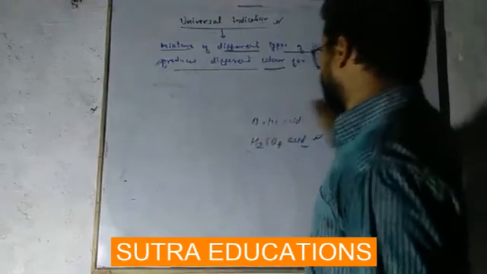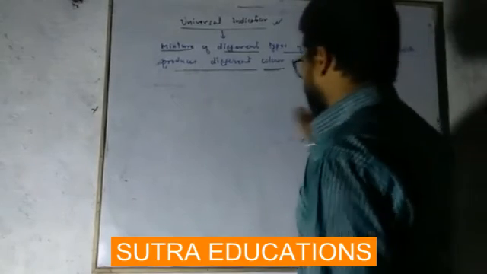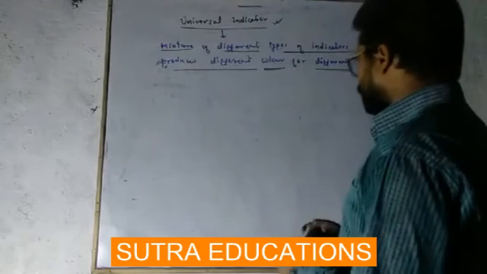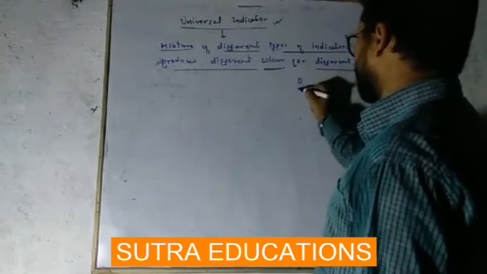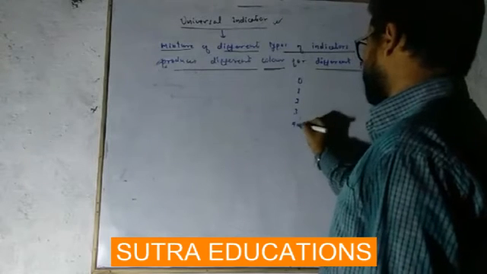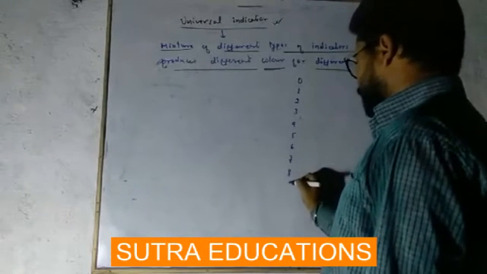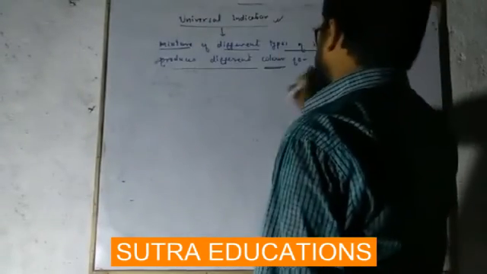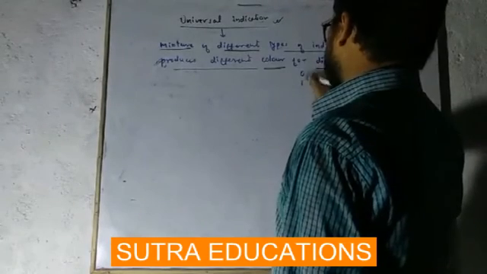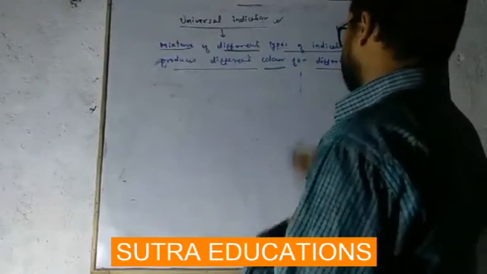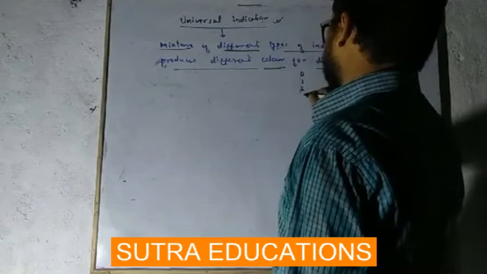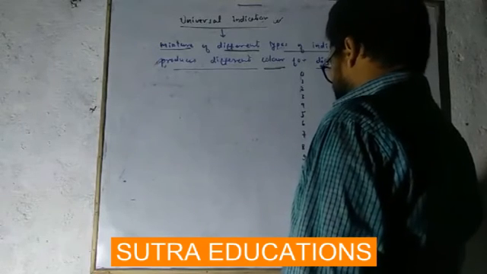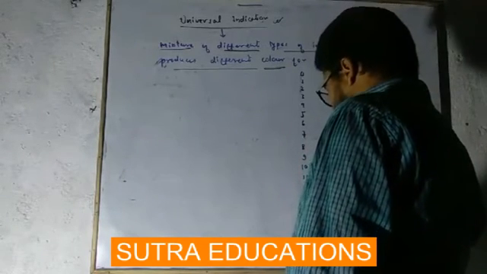And we have discussed pH. So pH means there are a total of 14 values for pH: 0, 1, 2, 3, 4, 5, 6, 7, 8, 9, 10, 11, 12, 13 and 14.